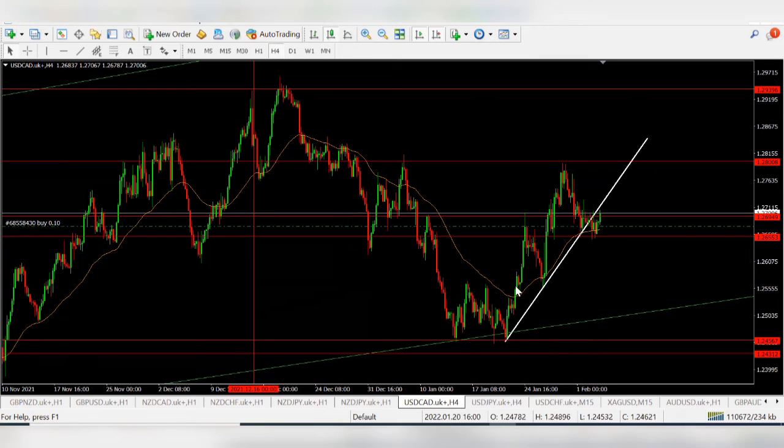As you can see, the market is already making higher highs, higher lows, higher highs. Now this is our higher low, so we're taking this trade from a higher low on the 4-hour time frame. Some of you may say, but wait a minute, it has broken a trend line, right?